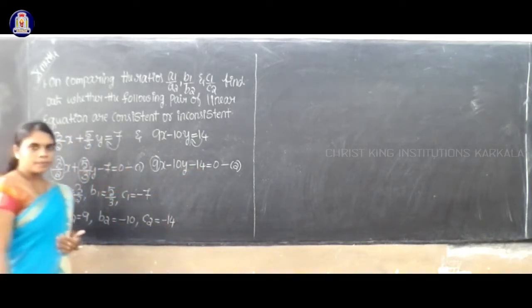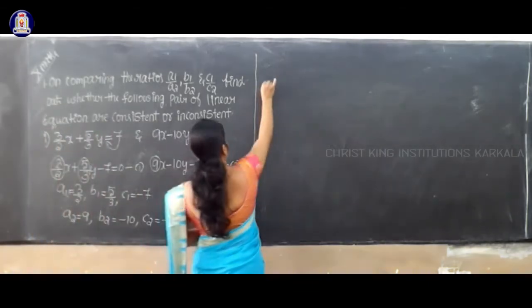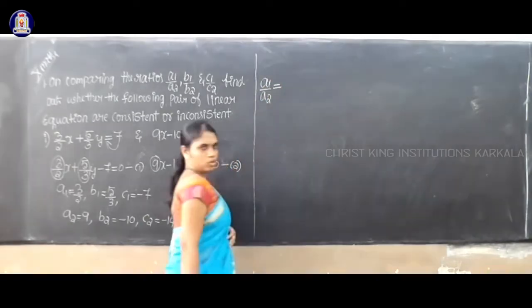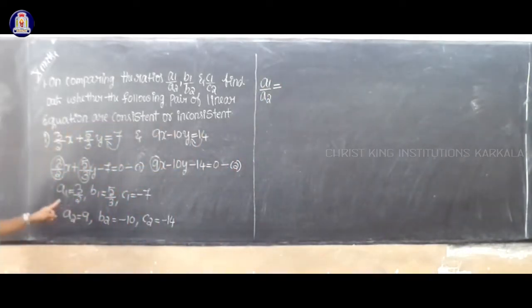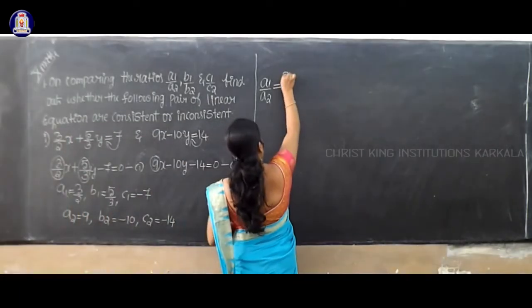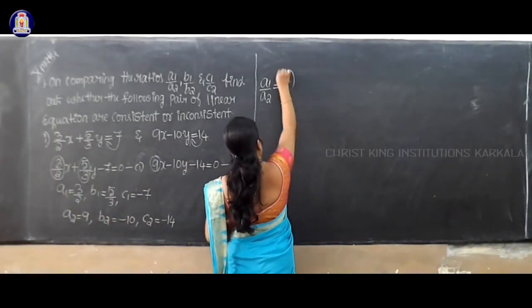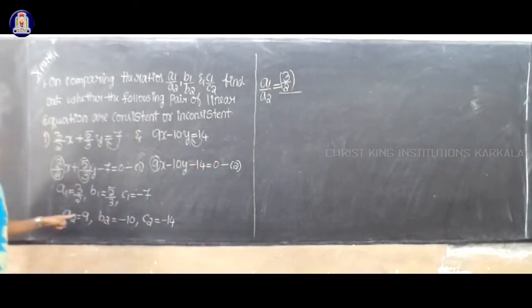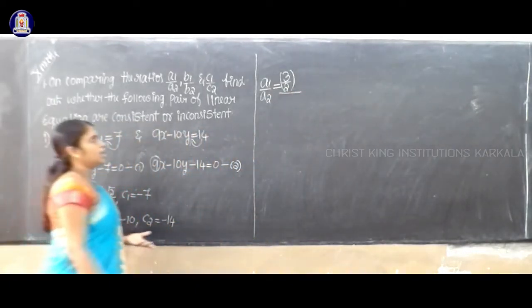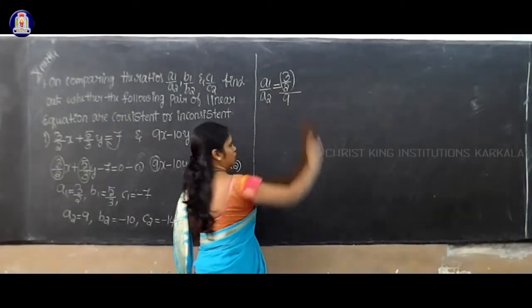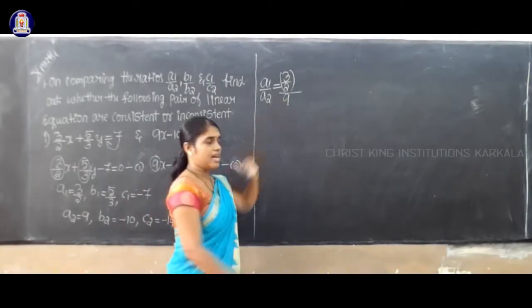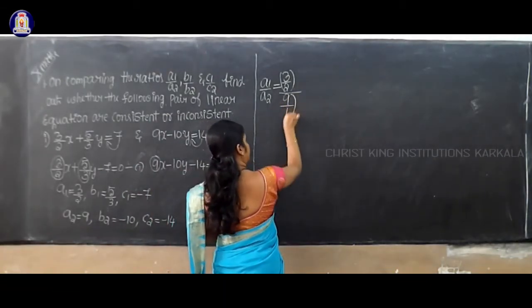Now first I will calculate the value of A1 by A2. A1 is 3 by 2, divided by the A2 value. A2 is equal to 9. Shall I write this 9 as 9 by 1? 9 is nothing but 9 by 1.